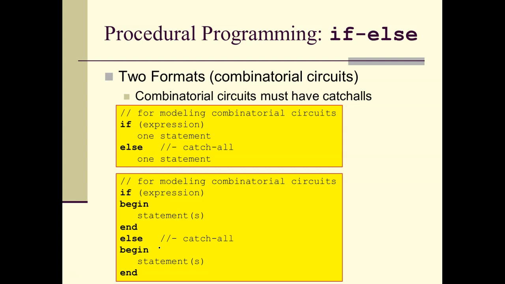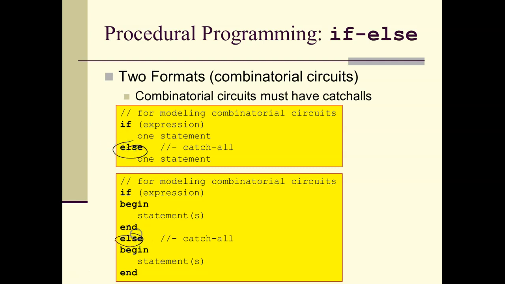So let's crank through this thing. So here we go, procedural programming. We're almost there. Procedural programming statements, one is the if-else statement, and there are essentially two formats of it. We'll go through this in a second, but we are modeling combinatorial circuits. Therefore, our if-else statements always have a catch-all.